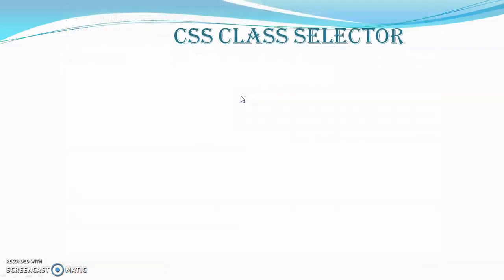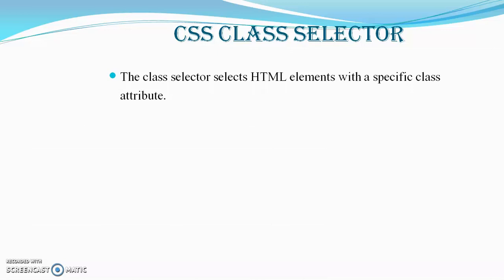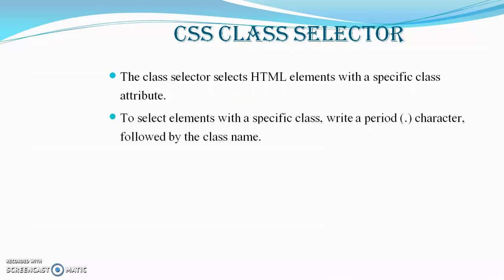After this, CSS class selector. The class selector selects HTML elements with a specific class attribute. It is used with a period character, that is full stop symbol, followed by the class name. The class selector is used when you want to change a group of elements within your HTML page.